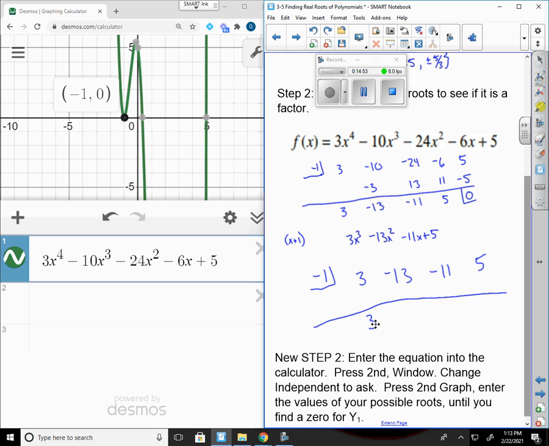So then negative 1 times 3 gives me negative 3. Negative 13 minus 3 gives me negative 16. That becomes a positive 16. That's 5. Negative 1 times 5 gives me negative 5. Gives me a 0. It tells me that x plus 1 is still a factor.